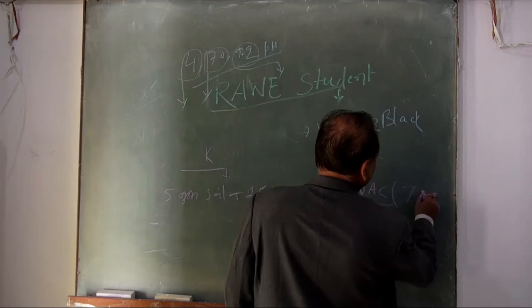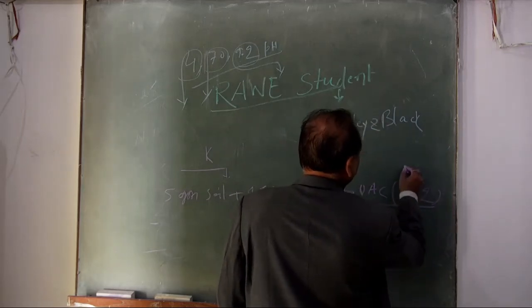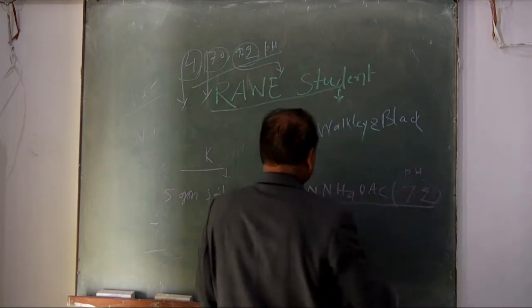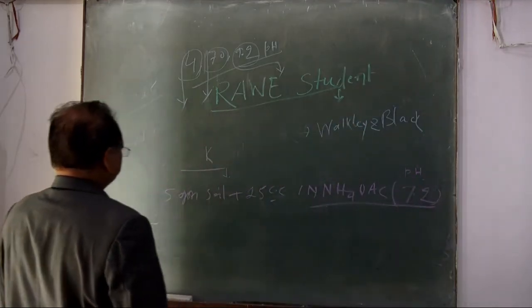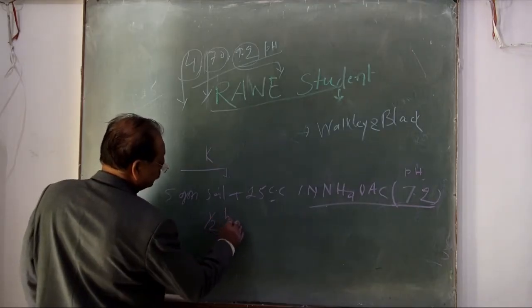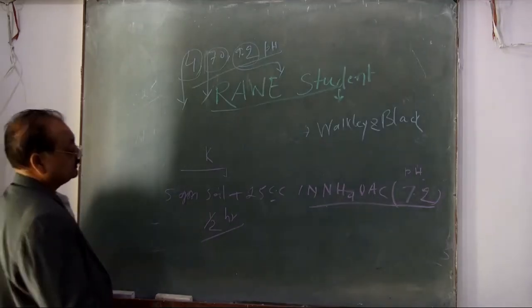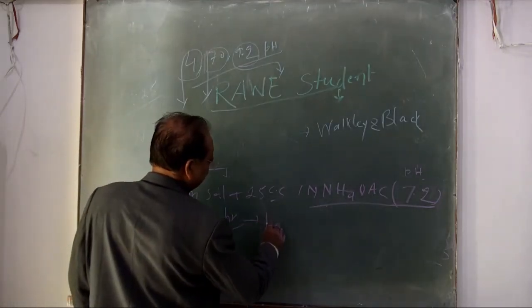The pH should be 7.2. Shake it for half an hour and take the reading with the help of a flame photometer.